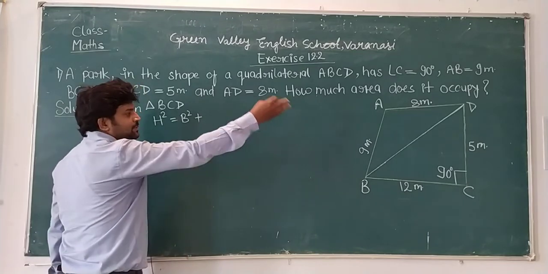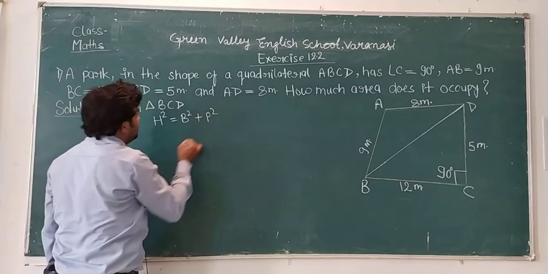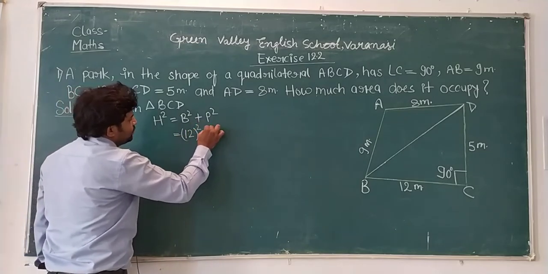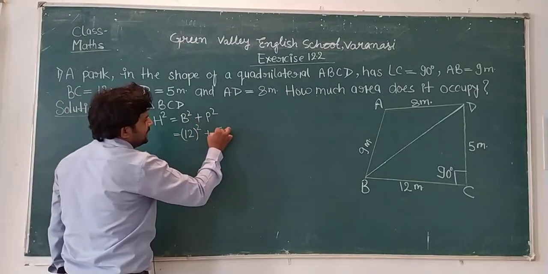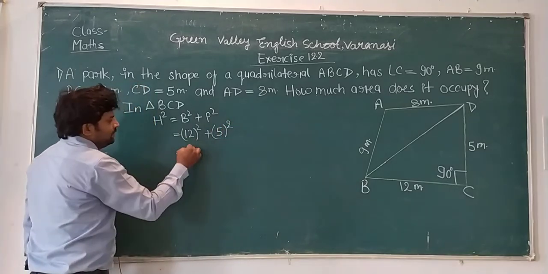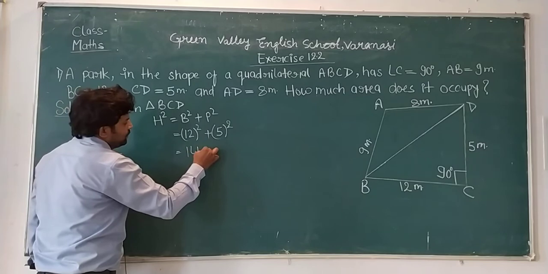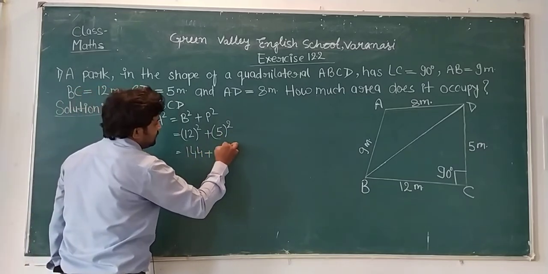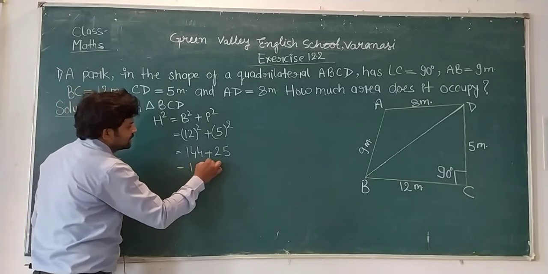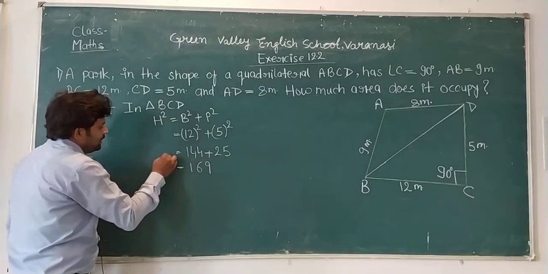Base is 12, square of 12 is 144, and perpendicular height is 5, square of 5 is 25. 144 plus 25 is 169.